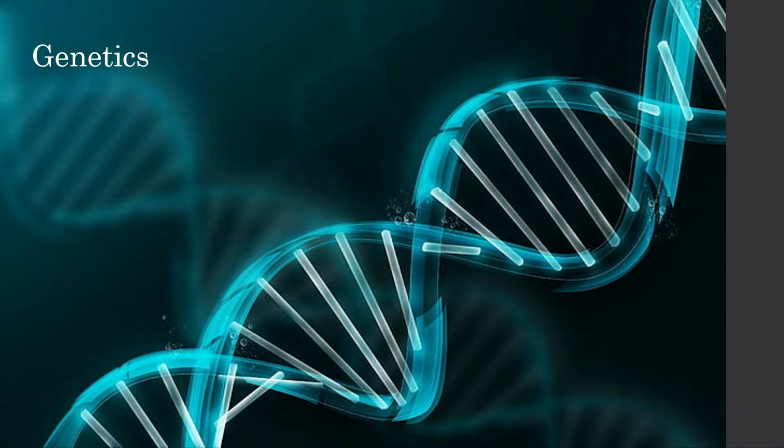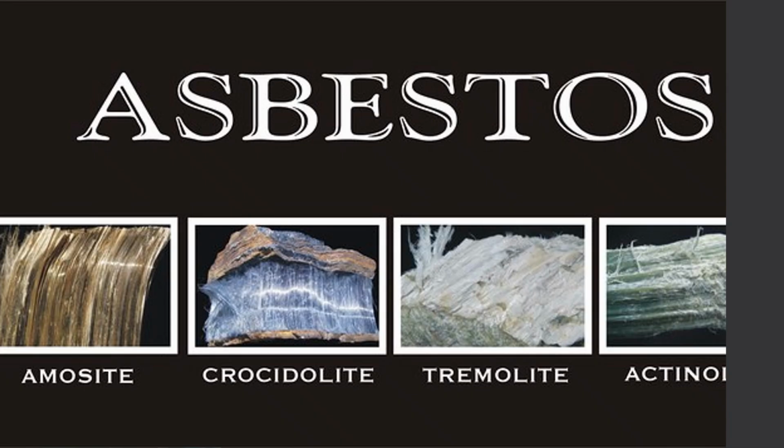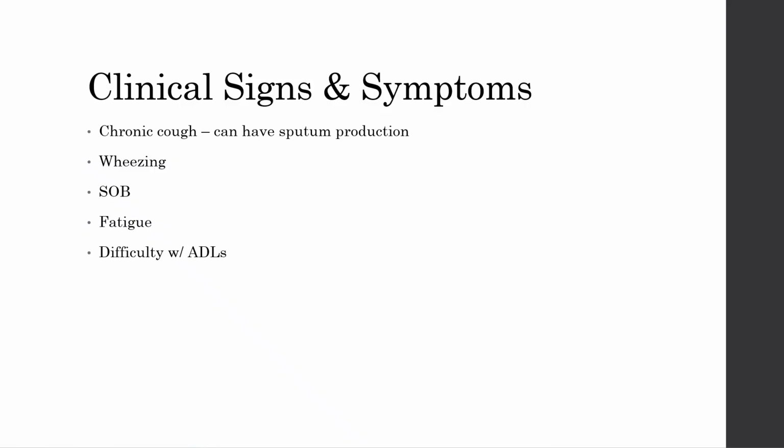Next, we have genetics, such as alpha-1 antitrypsin. There's also workplace exposure, where you may have been exposed to asbestos, and here are a few different types of asbestos on the screen.